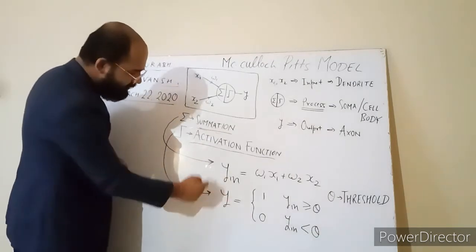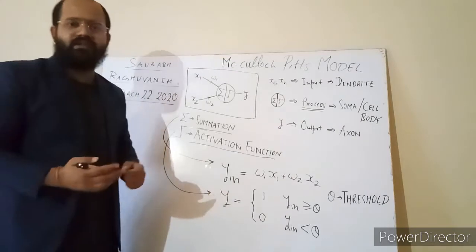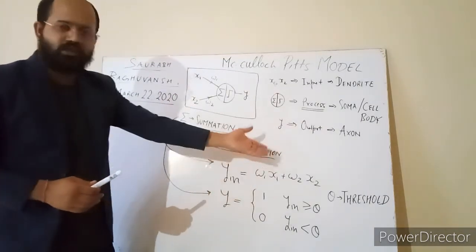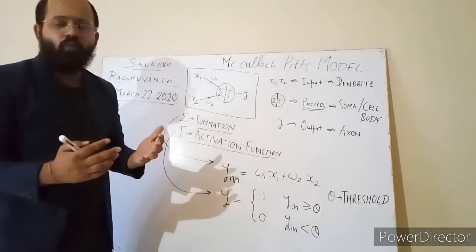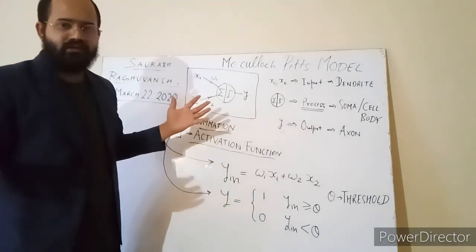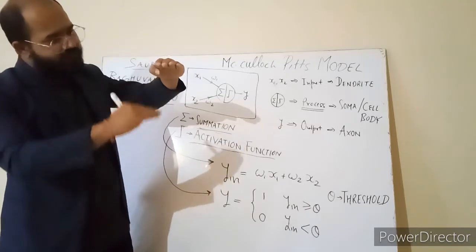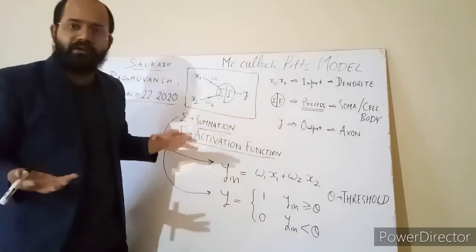The activation function is simply a type of thresholding. There are various activation functions we can use, and the first one we use in the McCulloch model is thresholding. You may have seen a water dam with huge reservoirs. As long as the water level is less than a particular point, the gates of the dam are not open.